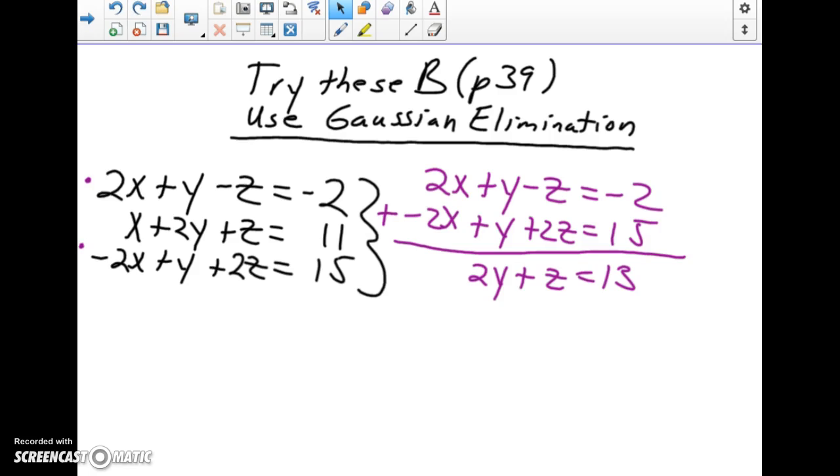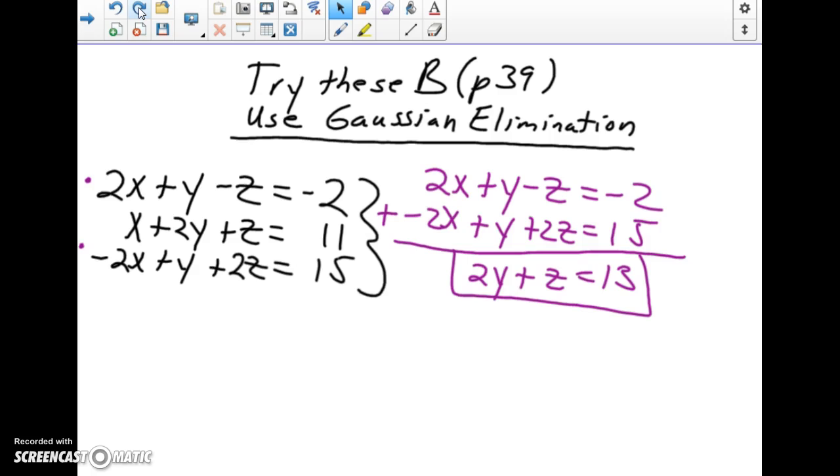You take this equation that you just got, and you put it in place of one of the 2 equations you just used to get that. So in other words, you're rewriting the system.